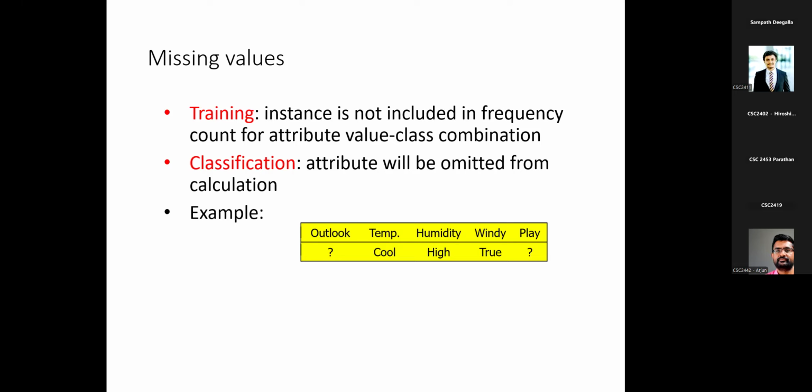Can you think of a way of handling this one? One way to handle missing values, since we don't know the value here, is we can just ignore it. We have probabilities for temperature, humidity, and windy. So you ignore the outlook and take the remaining attributes. Yes, so that's one way to work with missing values.